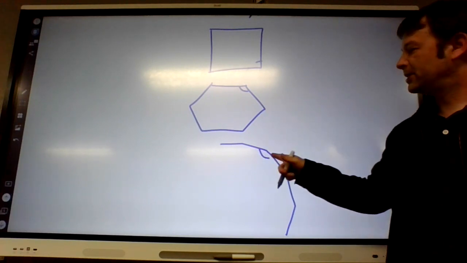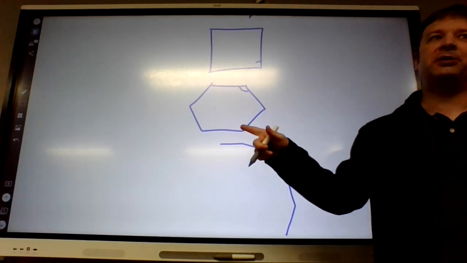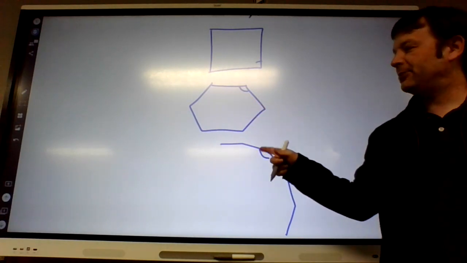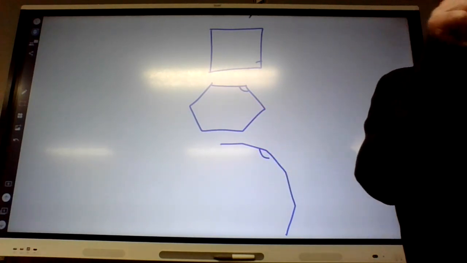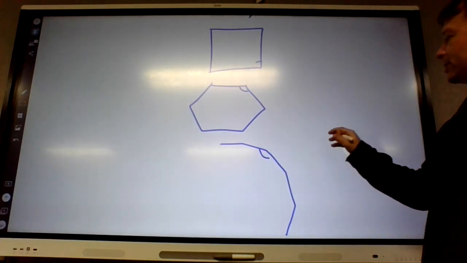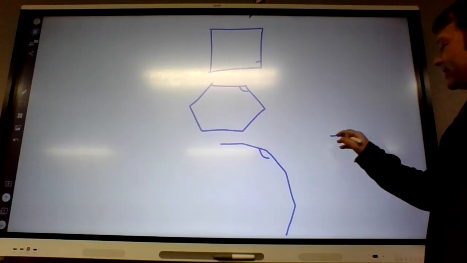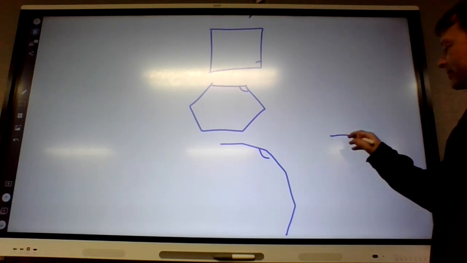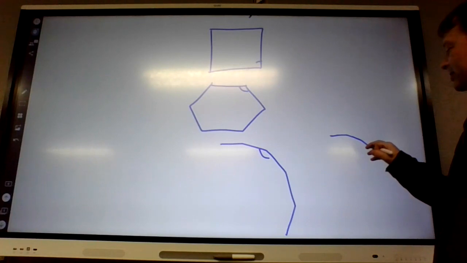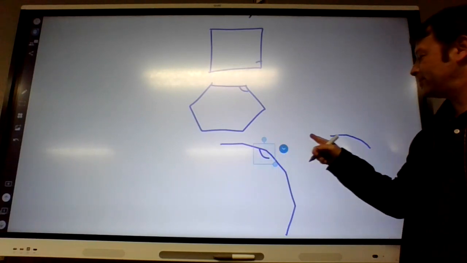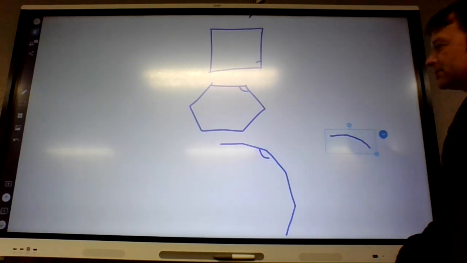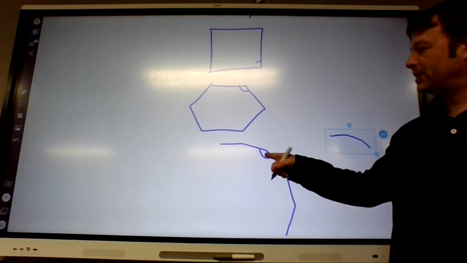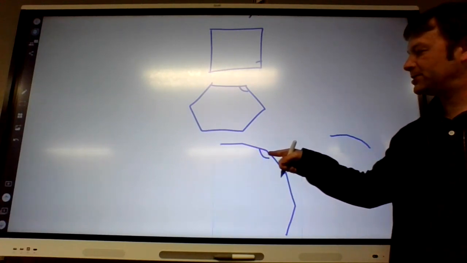They're getting bigger. As the number of sides approaches infinity, they get bigger and bigger. If we had 1,000 sides, it might look like a circle. But what are these angles approaching? 180. It's approaching a straight angle, right?